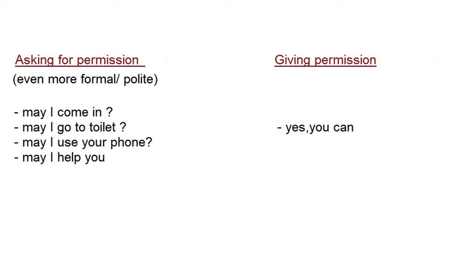If you are in your classroom and you need to go to the toilet, how will you ask? You will ask, may I go to the toilet? Because it is your teacher and you are giving her some respect, that is why you are being polite to her. When you are using may, it is more polite. Okay.